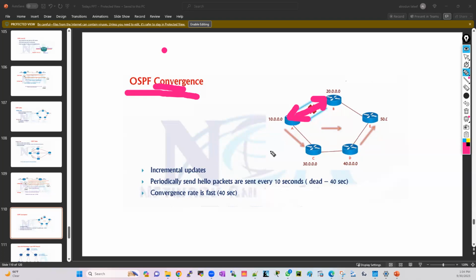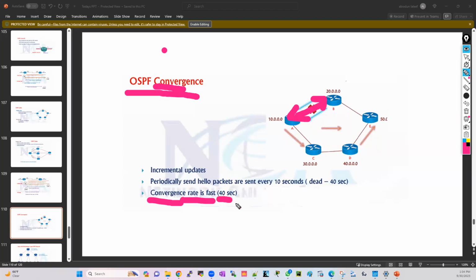Periodically, they send hello packets, and there are some other metrics we can set manually. But if you look here, we see the convergence rate is fast, about 40 milliseconds.